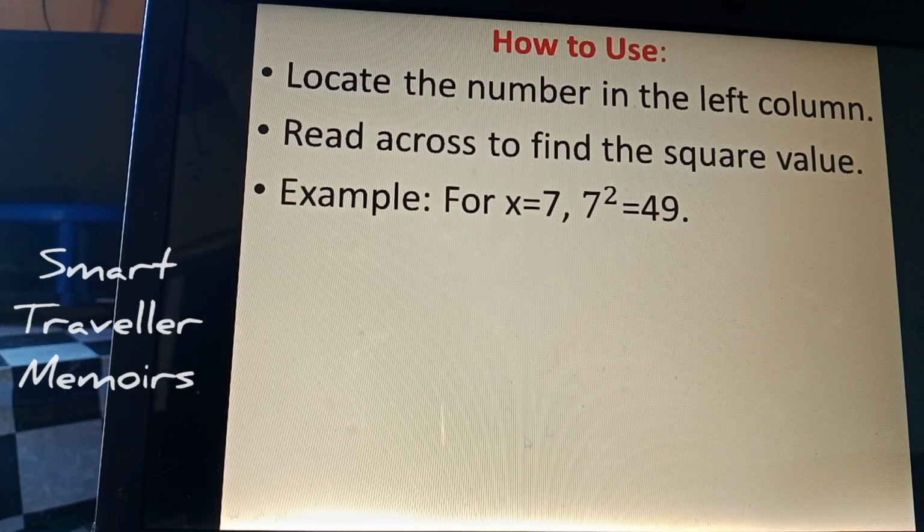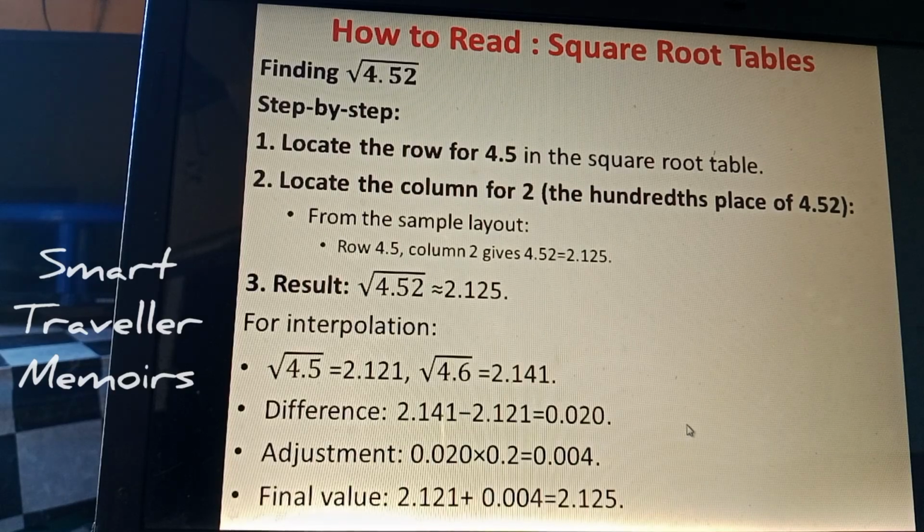Locate the number in the left column, read across to find the square value. For example, x equals 7. Go over and you find that 7 squared is equal to 49. Square root, locate the row 4.5 in the square root table. Locate the column 2.